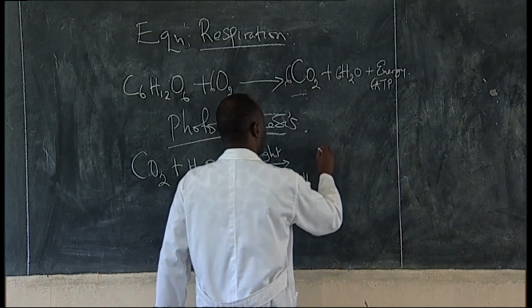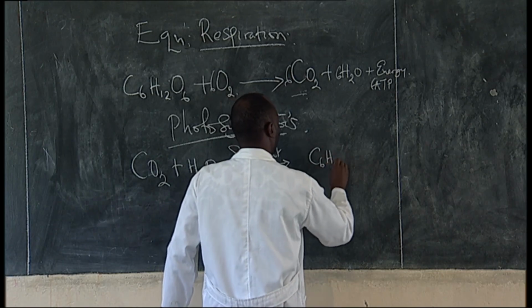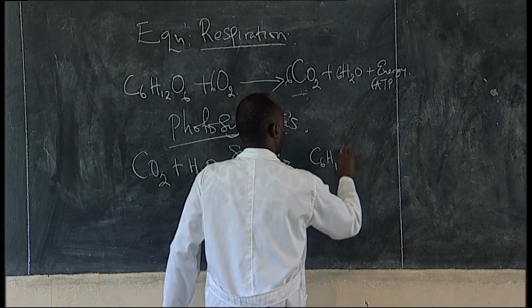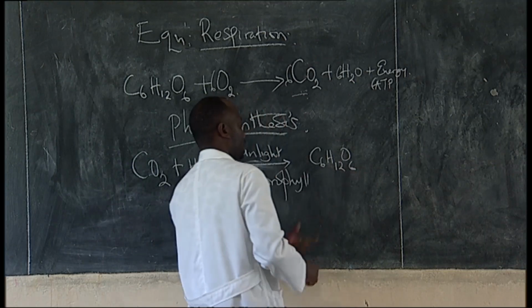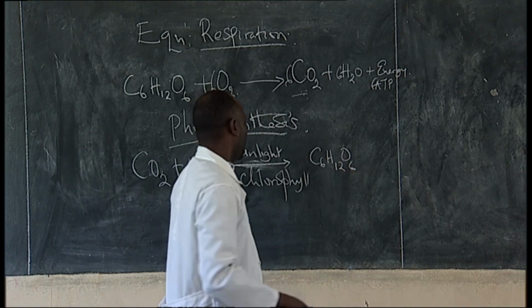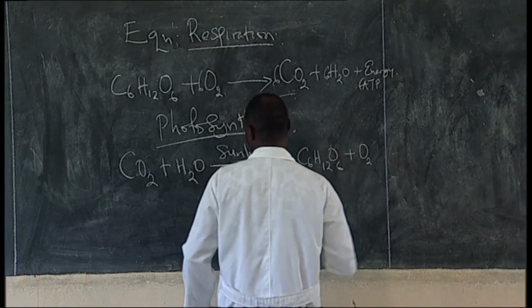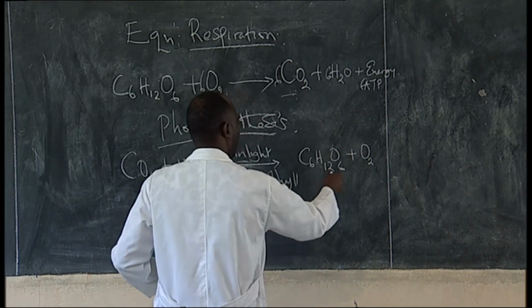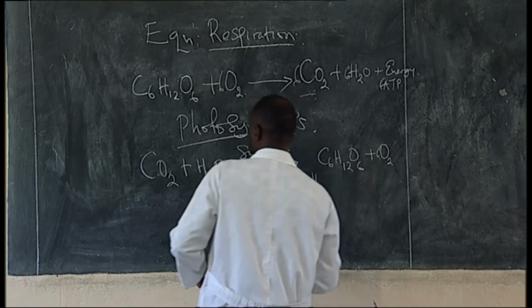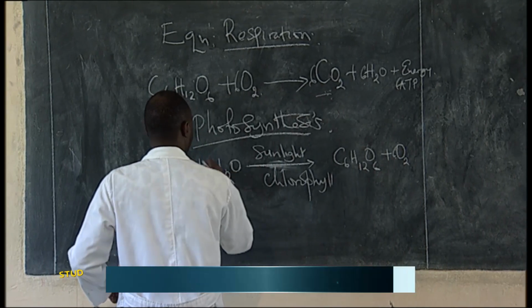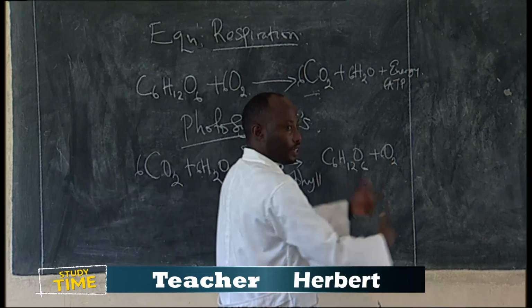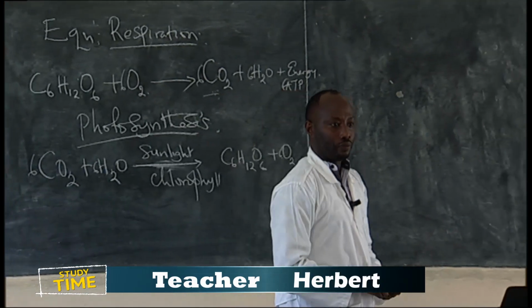We have C6H12O6, which is glucose, a carbohydrate, plus oxygen, which is given out as a byproduct. For the case of plants, you balance the equation: 6, 6, then 6.